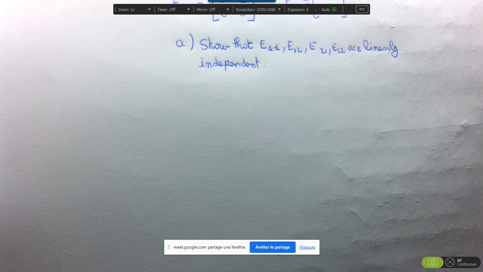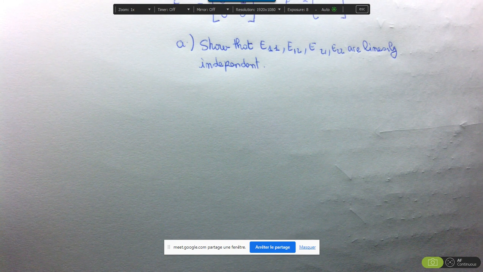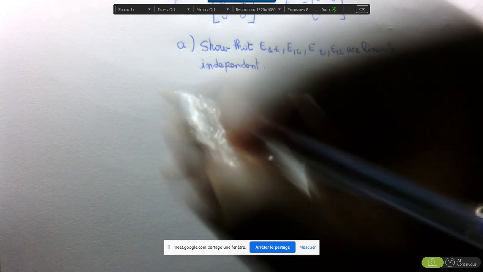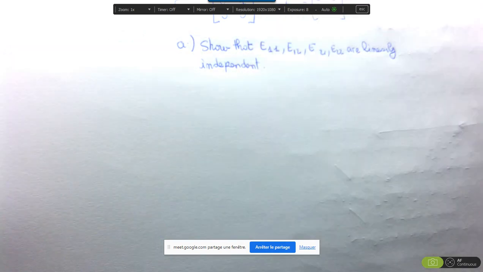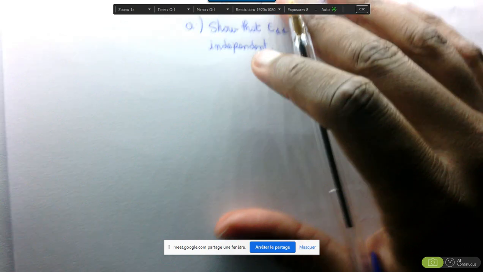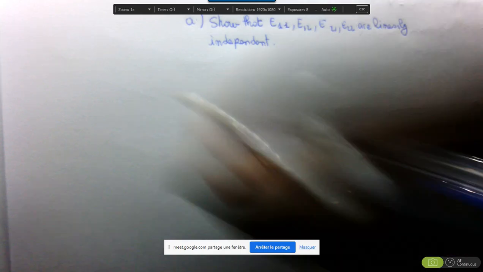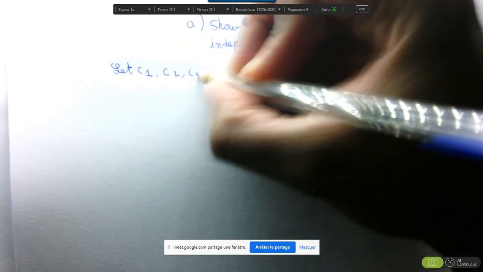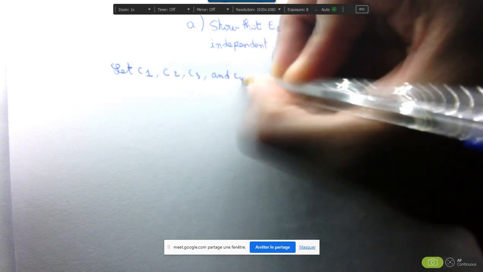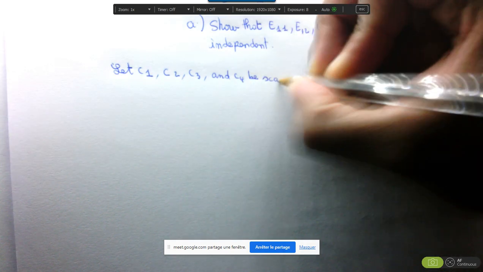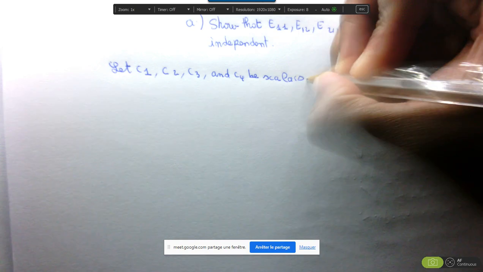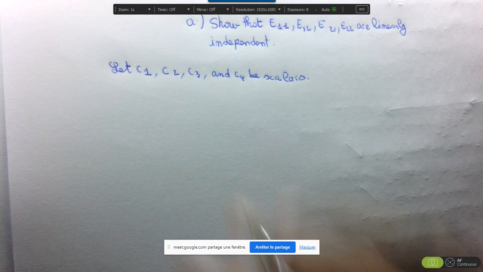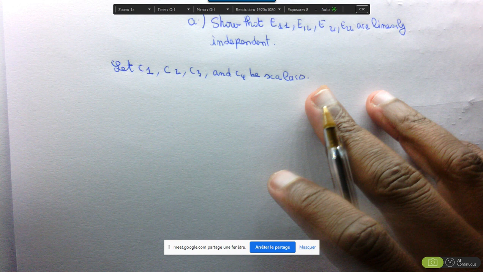So here we're going to say the following. Let C1, C2, C3 and C4 be scalars, and we want to see if those scalars are all equal to 0.